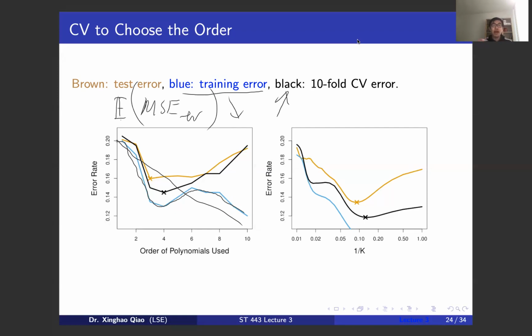By having some randomness, we will have some fluctuation. Theoretically, as the model becomes more flexible, the expected mean square error for the training data set will decrease. But we calculate the sample version, so because of the randomness from the data, it may have some small fluctuation. But overall, it will still have the downtrend.